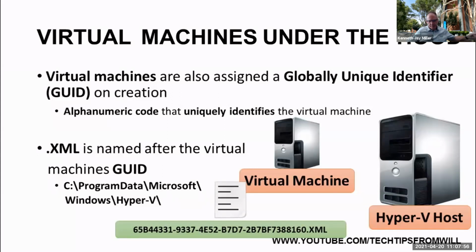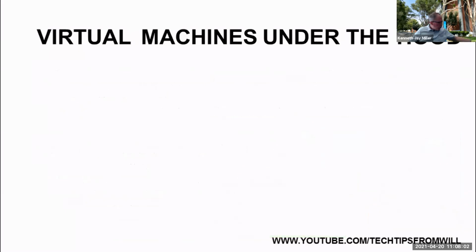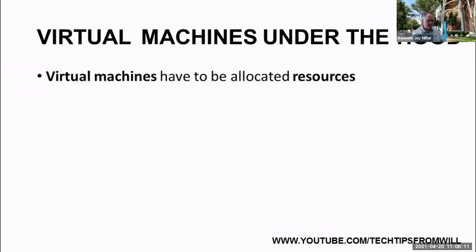that virtual machine. Now that we have discussed the XML file, I will now look at the components that make up a virtual machine. As I mentioned earlier, when a virtual machine is created, resources have to be allocated to it. The first resource to allocate is CPU, or processor power.